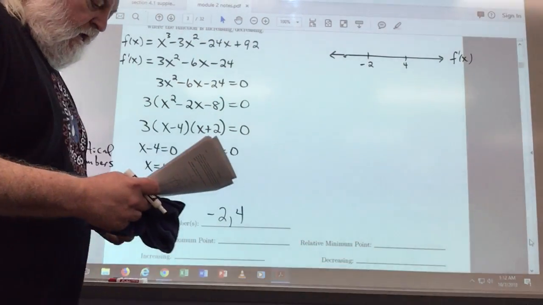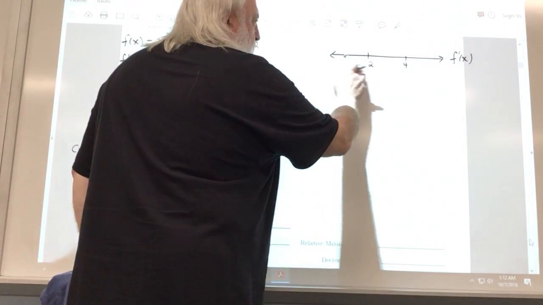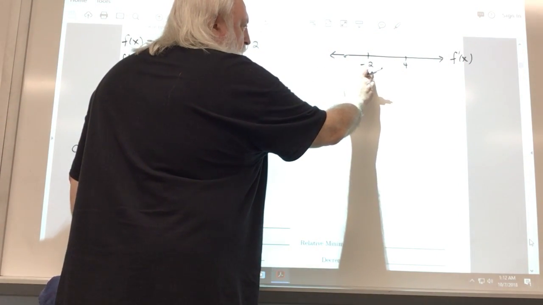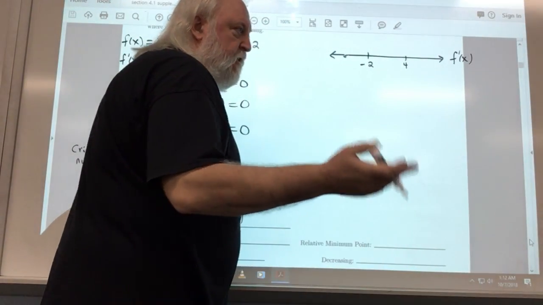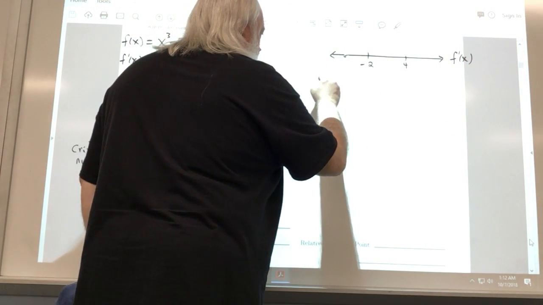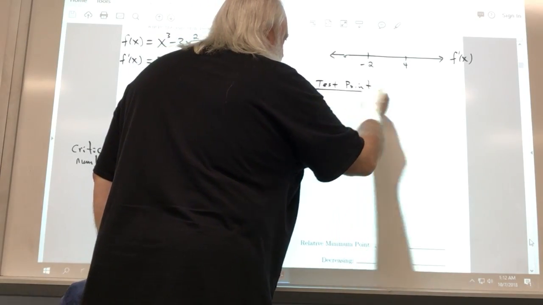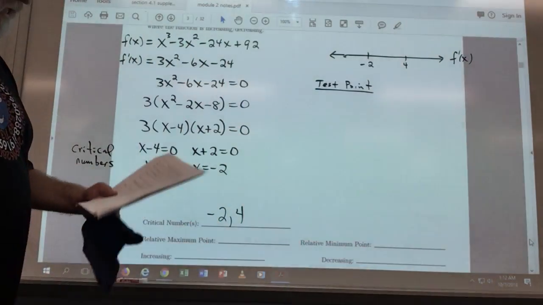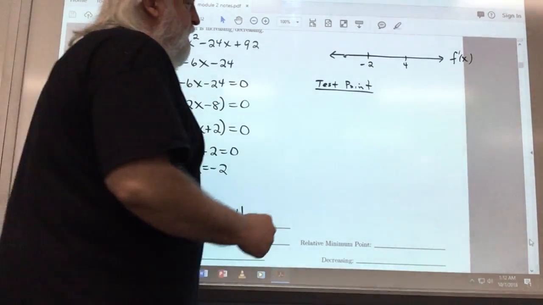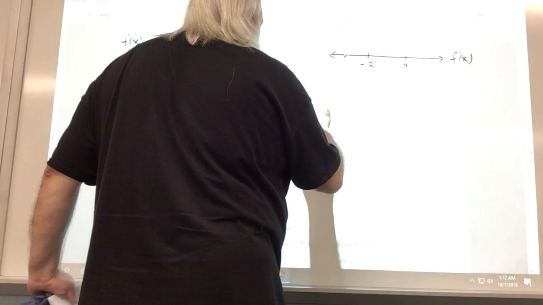So our first interval, right, is for values of x less than minus 2, between minus infinity and minus 2 on the real number line. So in the first column, I'm going to create a little table here. The first column is labeled test point, and the second column is labeled f prime of x.